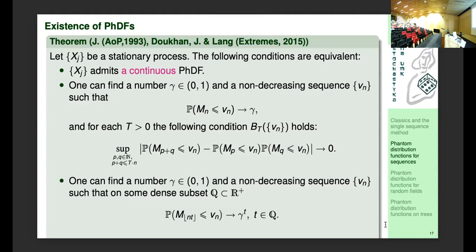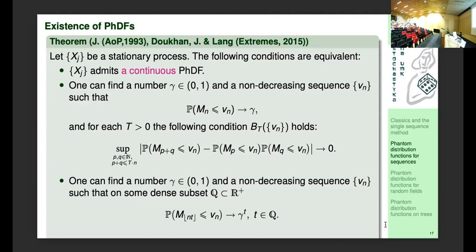The third formulation, and this is sometimes most useful, is that one can find a number and a non-decreasing sequence Vn such that if we take partial maxima, we consider them as a process in T, where this is the floor of the number nt.